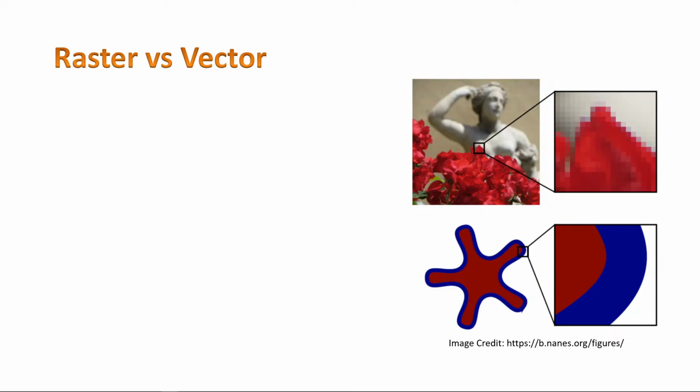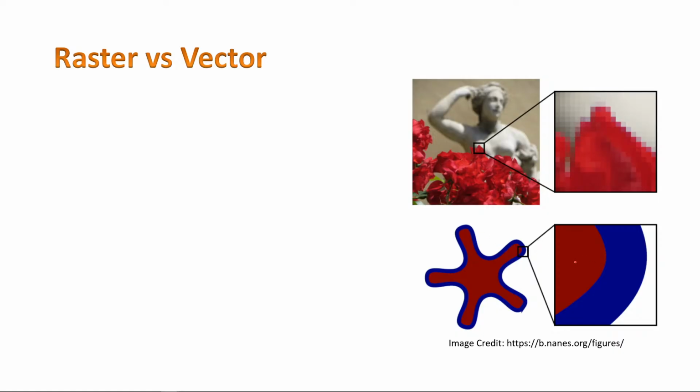Each pixel has one color, and that's why the more pixels I have, the higher the resolution and the more vivid the image will be. For example, if I zoom in, you can see the individual pixels. That's a raster.